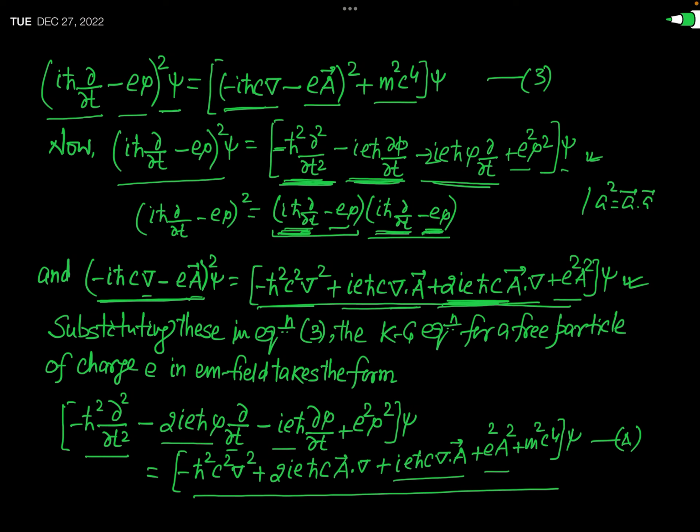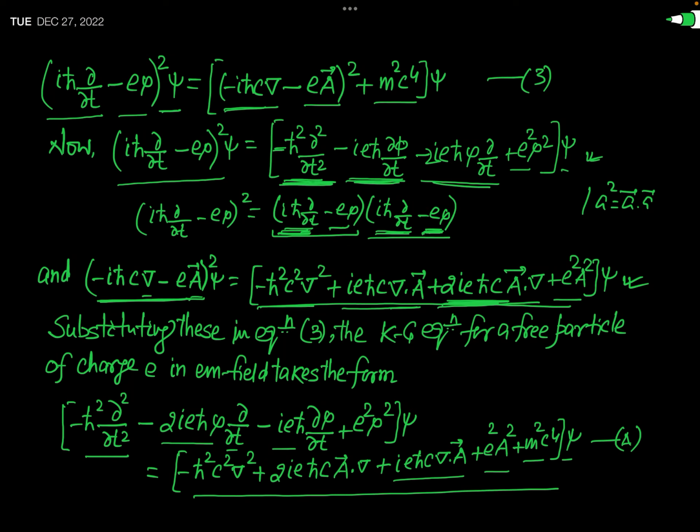And there is also plus m square c4. So m square c4 has also been added here, and then it is operated on psi. So actually this is the KG equation for a free particle of charge e in the electromagnetic field.